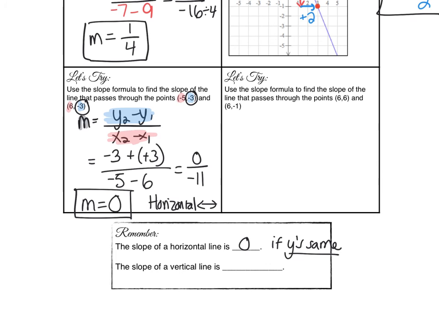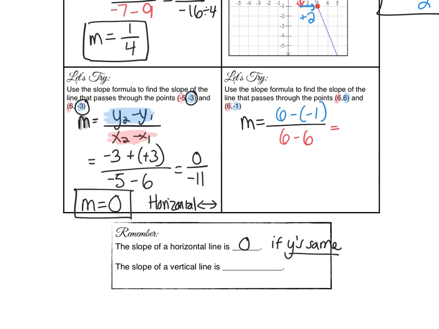Okay? Let's look at our second example. In the next example, we have that the x's are both 6, and for the y's, we have 6 and -1. If I plug those into my equation, I have m equals, I'm going to do the y's first, 6 minus -1 all over 6 minus 6.